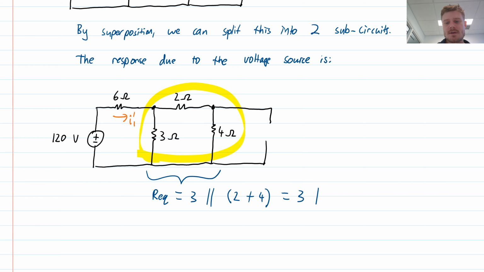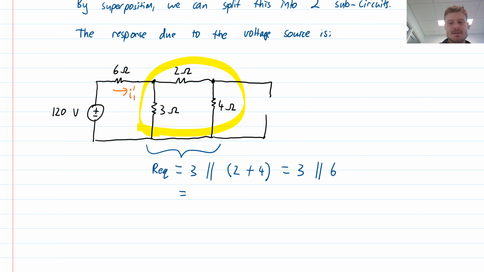So this is 3 ohms in parallel with 6 ohms. And so that is the product, 3 times 6, divided by the sum, 3 plus 6, so that is 18 divided by 9, which is 2 ohms.